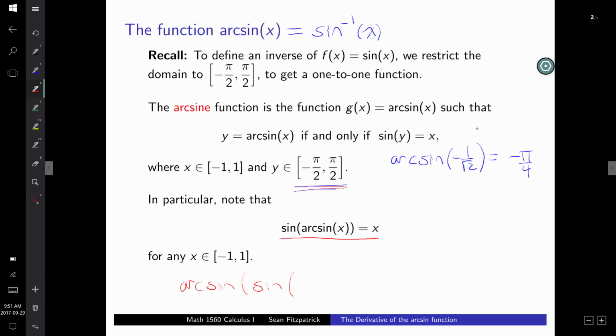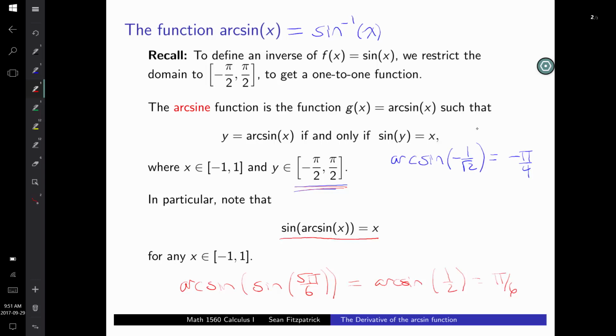So for example, if I take 5 pi over 6, which is in the second quadrant, sine of 5 pi over 6 is 1/2. But arcsine of 1/2 is not 5 pi over 6. It's pi over 6. So in that direction, things don't always cancel out exactly the way you want them to, but if you do the arcsine first followed by sine, you do get the result that you want, right?